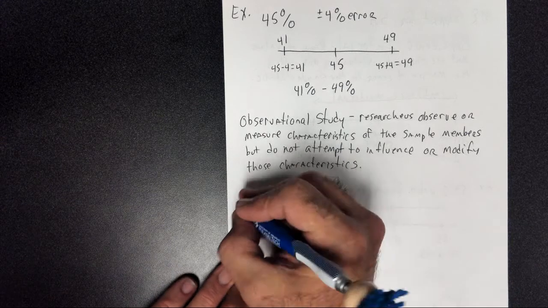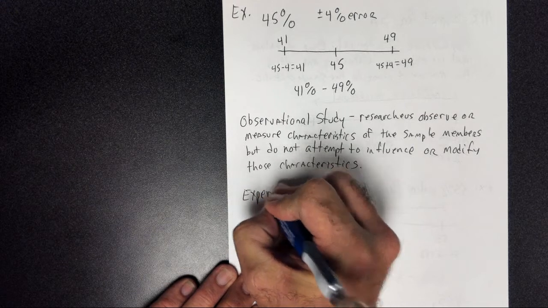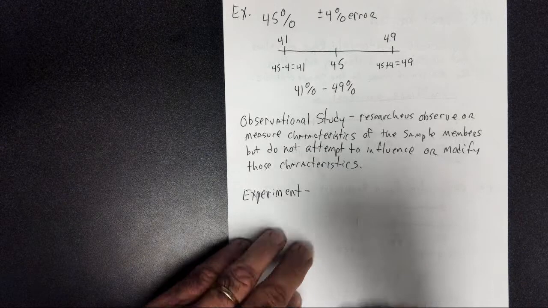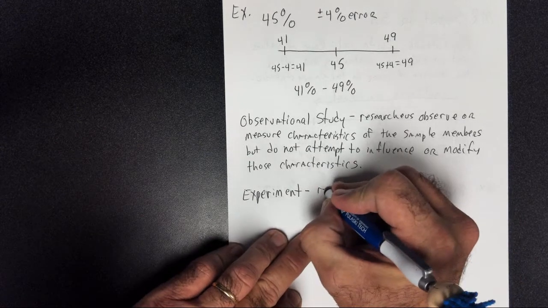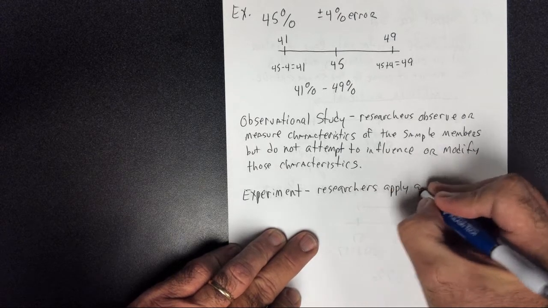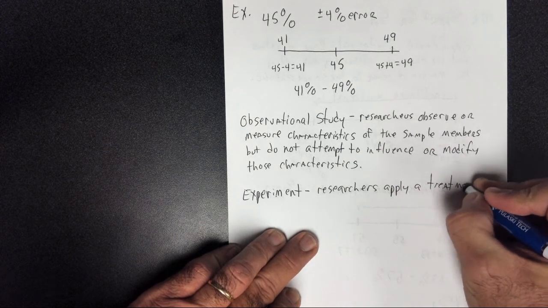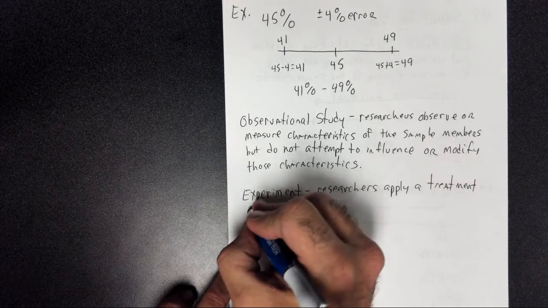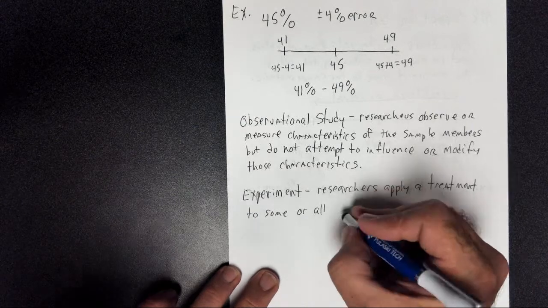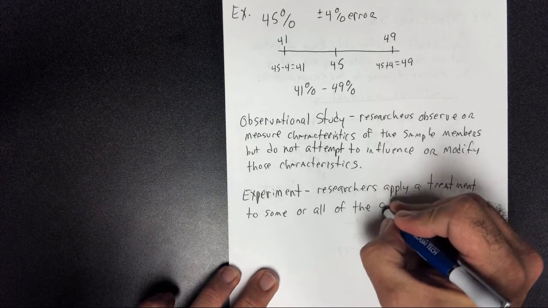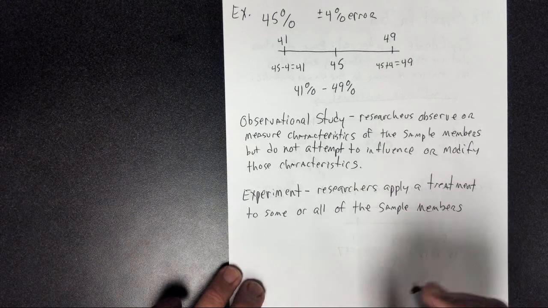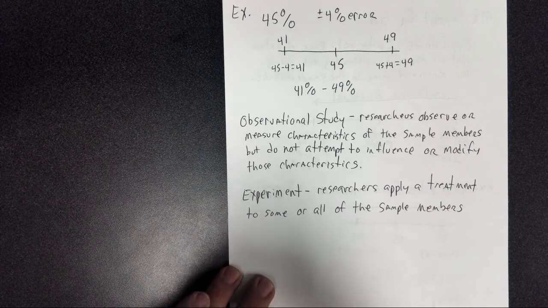Now the other one is the experiment. In the experiment, the researchers apply a treatment to some or all of the sample members and then observe the effects of the treatment.